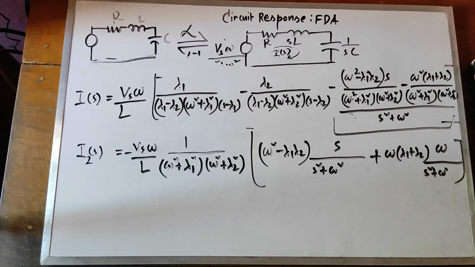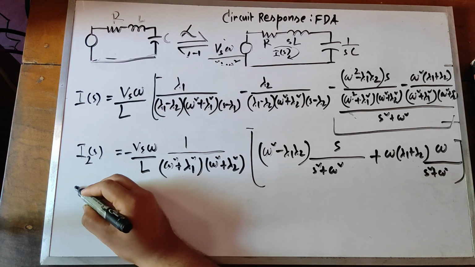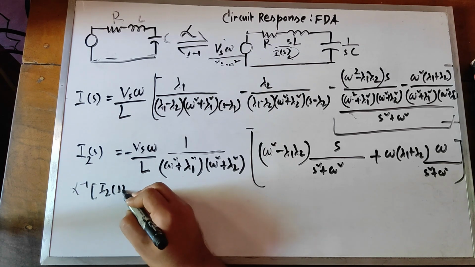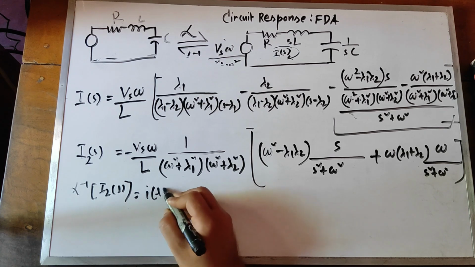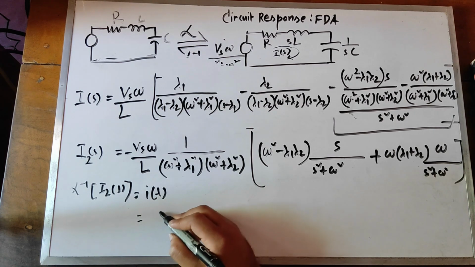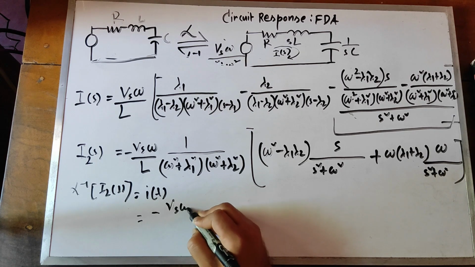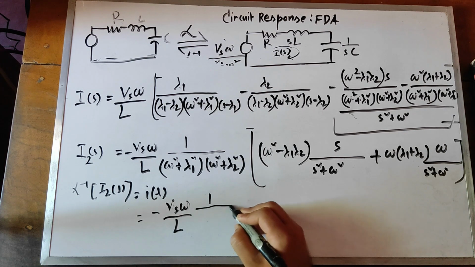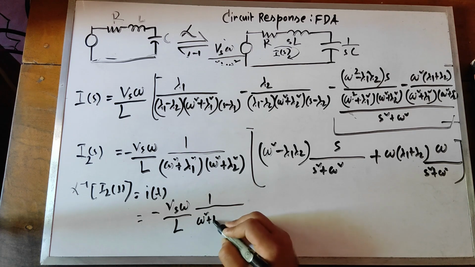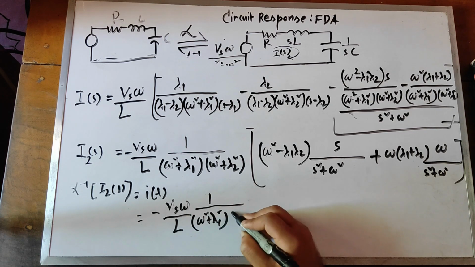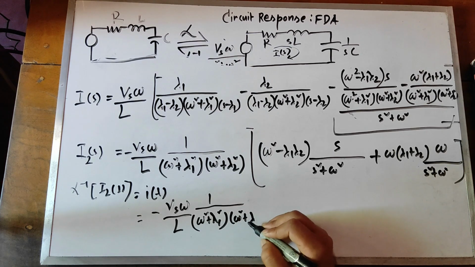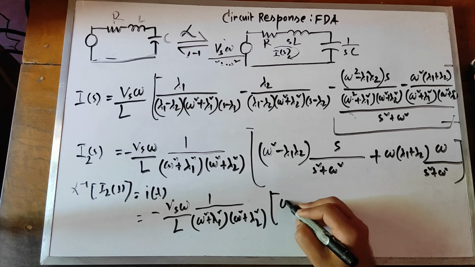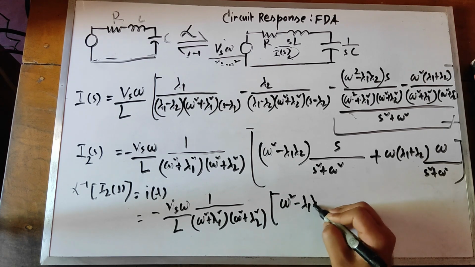So what I'm going to do is, let's take the inverse Laplace first. So I2 is, which will give me IT. So IT is minus Vs omega by L and omega square plus lambda 1 squared omega square plus lambda 2 squared and omega square minus lambda 1 lambda 2.